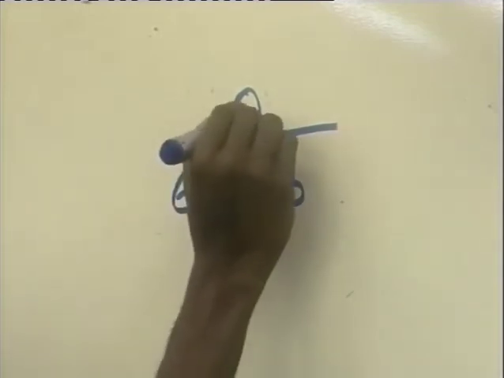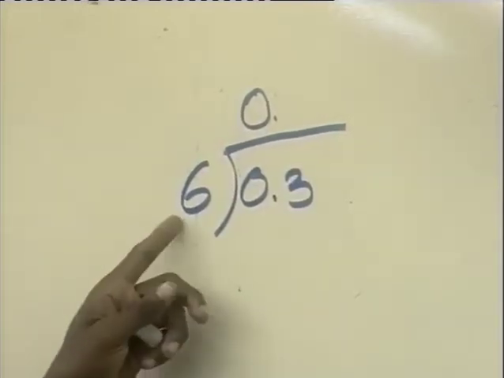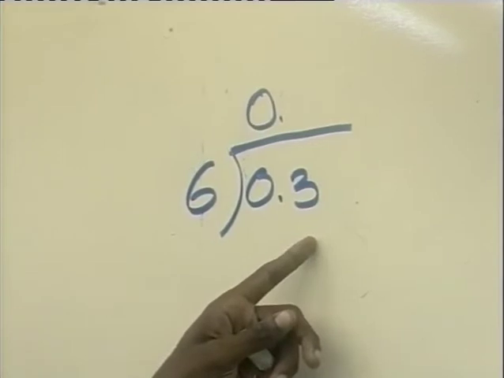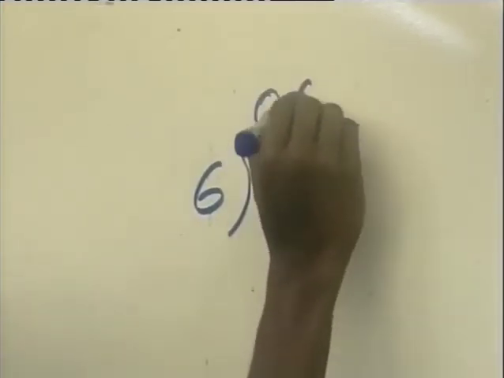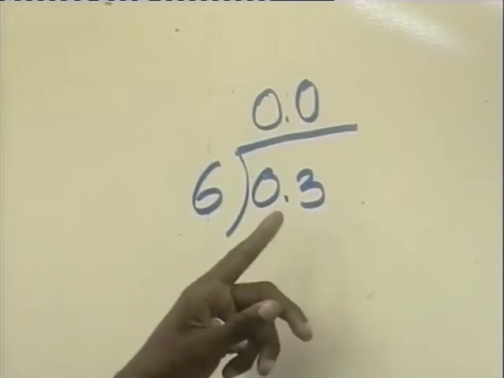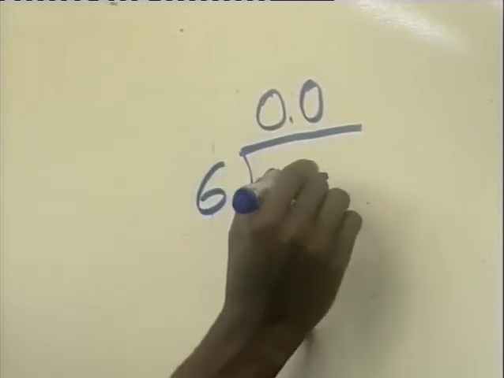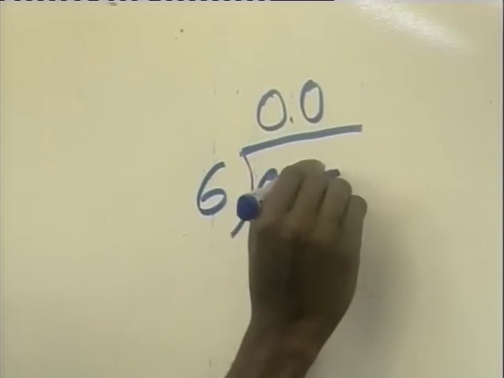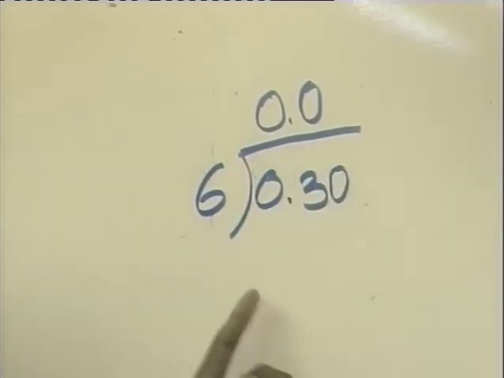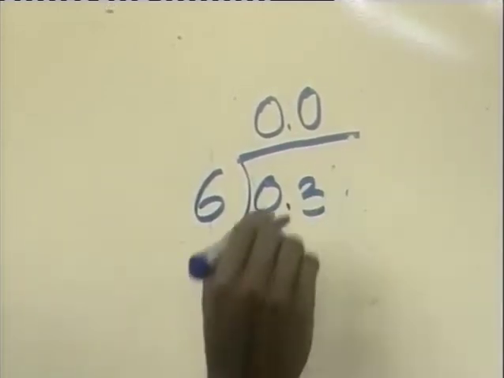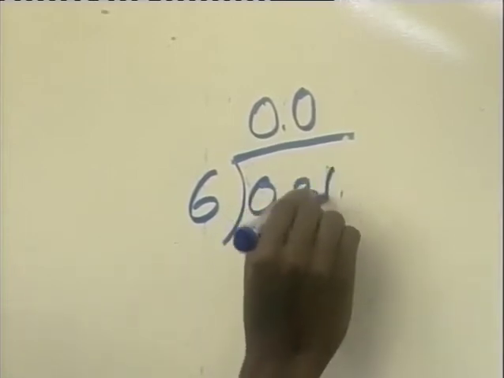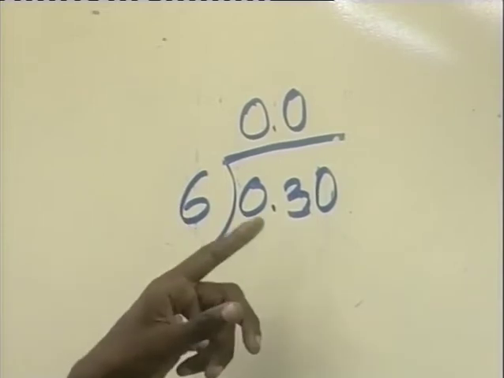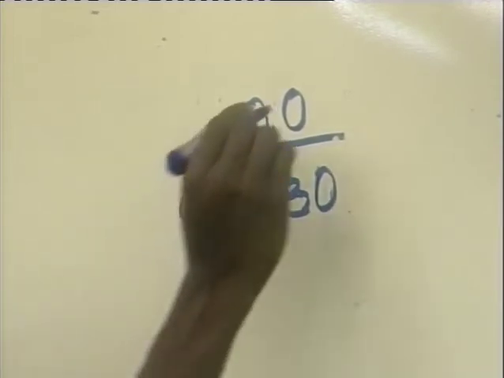And then place the decimal point. 6 into 3? Cannot. So what do we do? Put 0 and then add 0 to 3. Six into 30? 5.